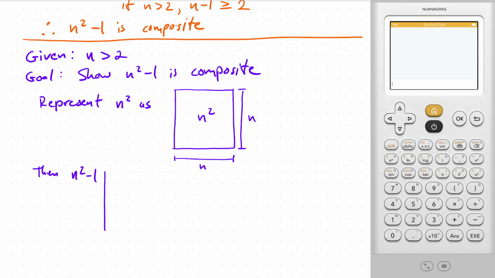Let's do our 5 over, and then we're just going to go 1, 2, 3, 4, and still go over 5 here. 1, 2, 3, 4, and there we go. N squared minus 1 is now the area of this particular, well, it's not a square anymore, but yeah, shape.